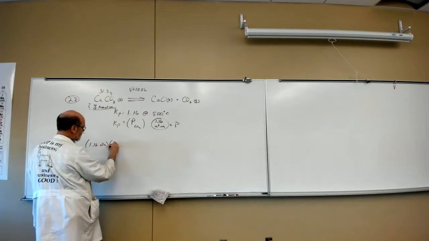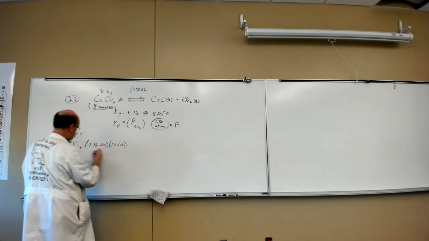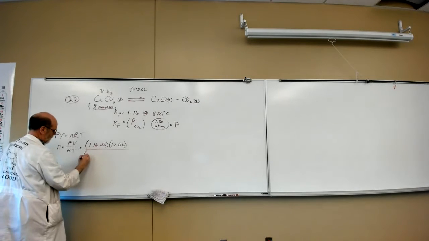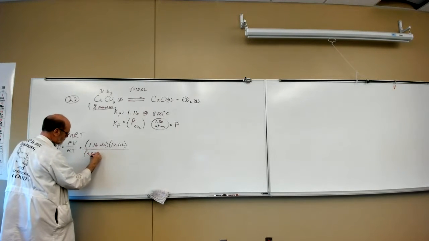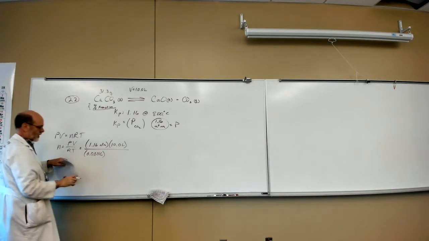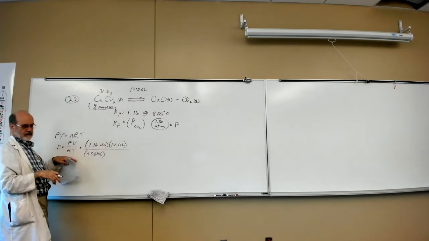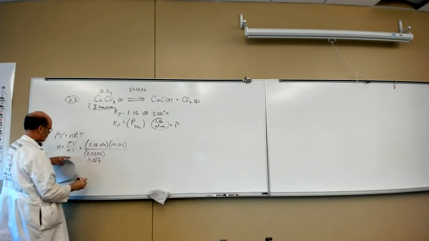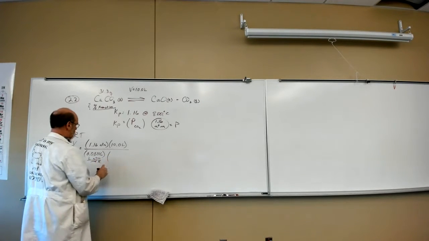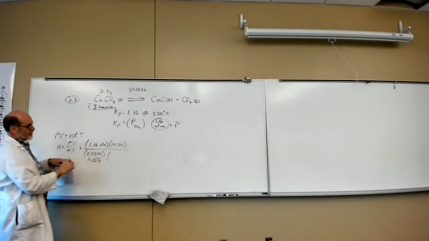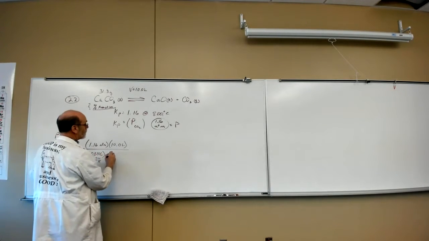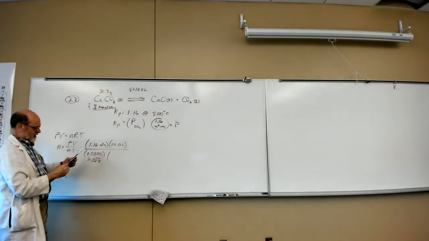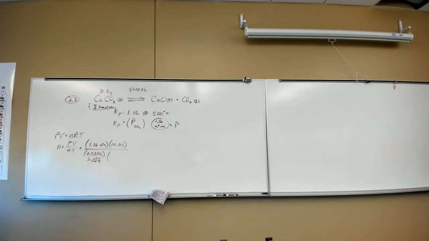And then the volume is 10 liters. And R is 0.08206 liter atmospheres per mole K. And then temperature is 800. Well, I said C. Is it C or K? It says 800 degrees Celsius.